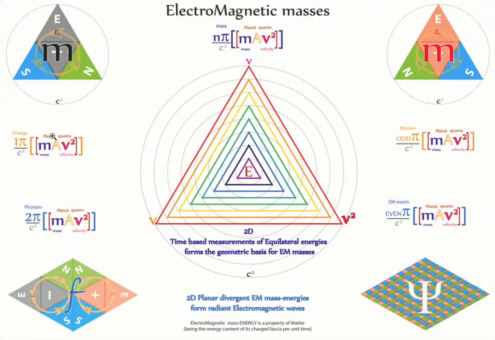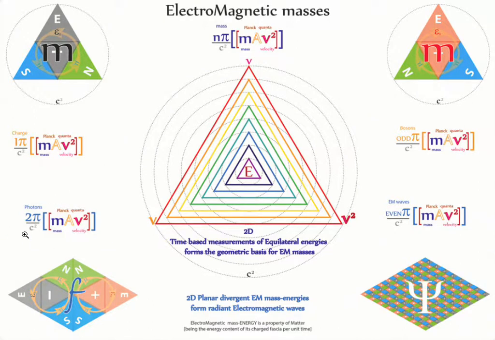Again, just noting here, using the Tetryonic formulation, odd-numbered pi geometries per c squared will give us, we have the energy here, per c squared becomes mass. This is just a measure of the charged mass geometries, or the bosons. All odd-numbered pi geometries, two-dimensional ones, are bosons, electromagnetic charge carriers. They're the quantum levels of the equilateral geometry.